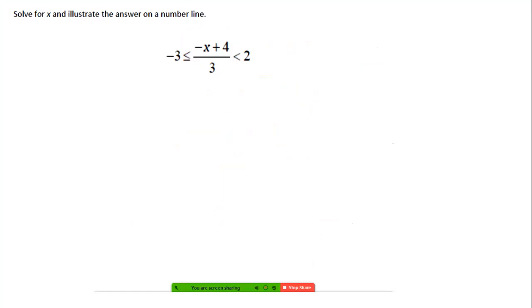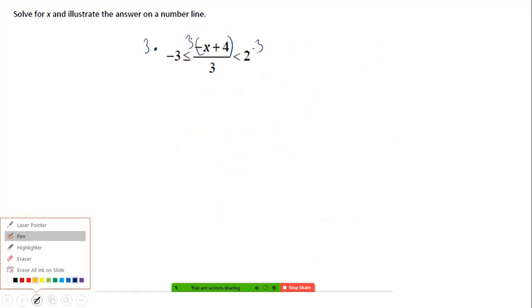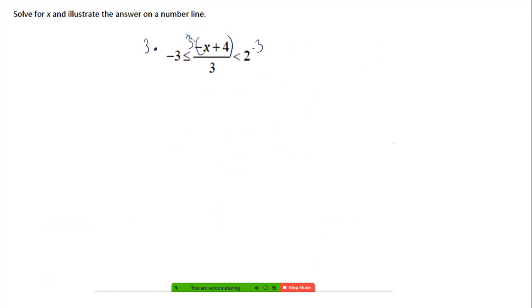And there is this type of question. See, there is a denominator. To simplify the denominator, you multiply all terms by that denominator, which is 3 and 3. Then you will be able to simplify this and this. I will get negative 9, negative x plus 1, and 6.